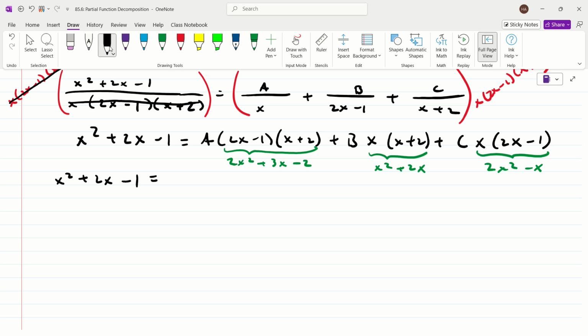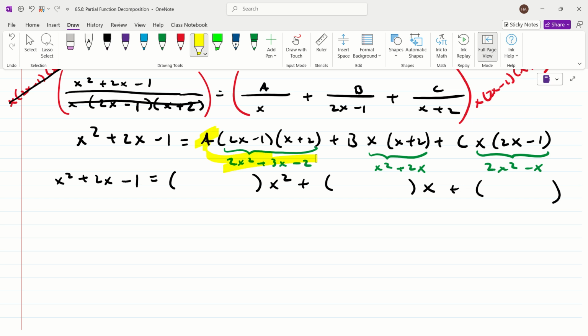If I were to distribute all of these values through and combine like terms, the biggest power that I'll have on my terms would be an x squared. So I'm going to have something with an x squared, something with an x, and something with a bunch of constants at the end.